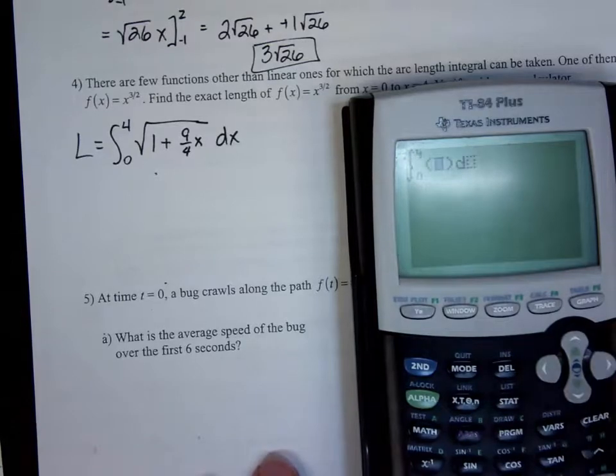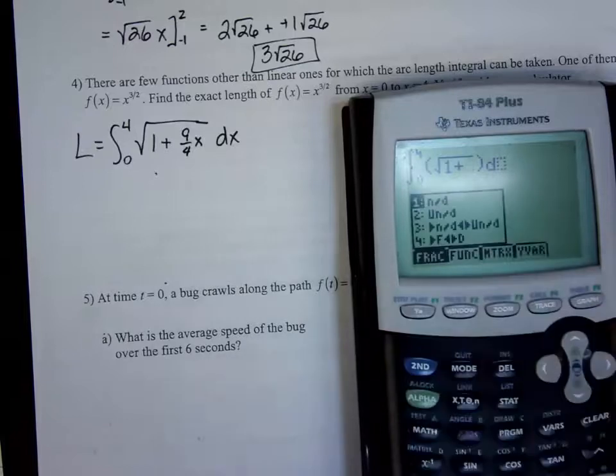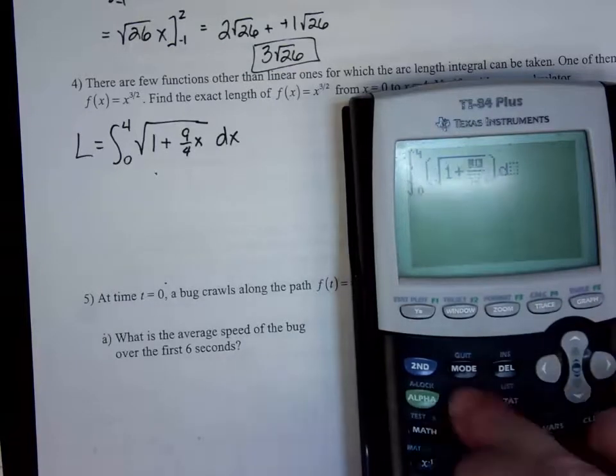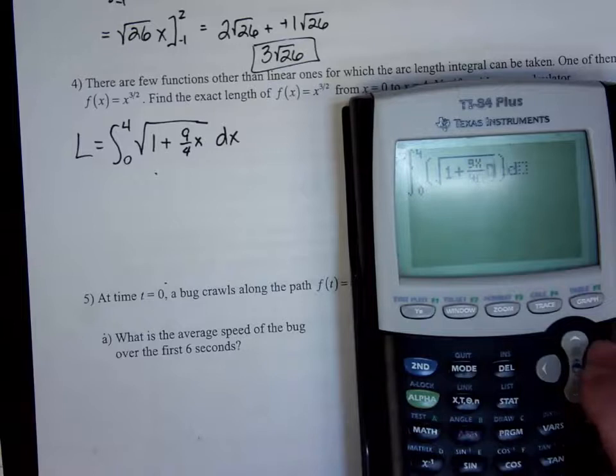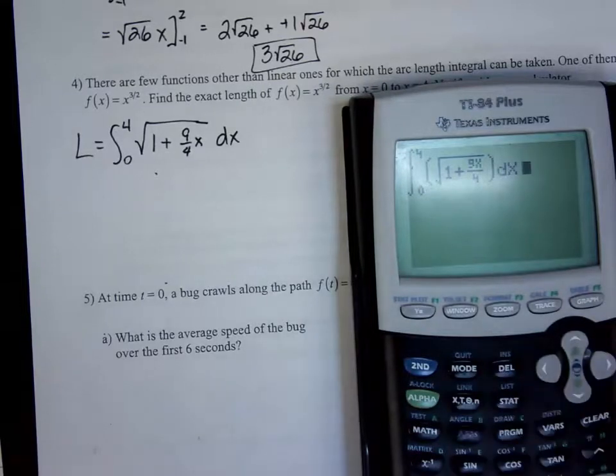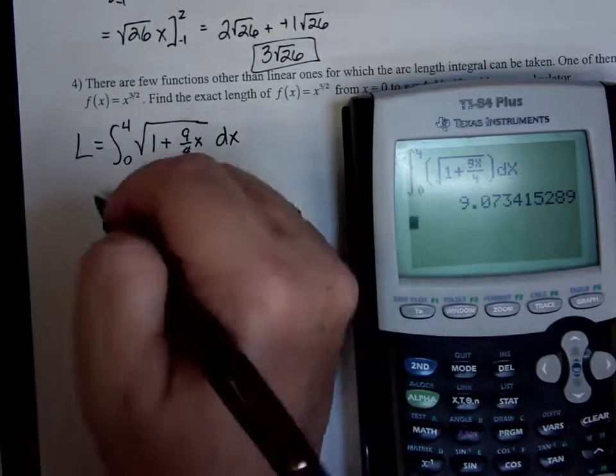When you put the square root, the bar will extend as far as you need it to, and it's the whole problem I'm going to need it for this time. 1 plus, I'm going to put the fraction bar, alpha y equals and enter, 9x over 4 dx. Okay? Is everybody good with that? Now remember, we already squared it, so we don't have to put a square on that.